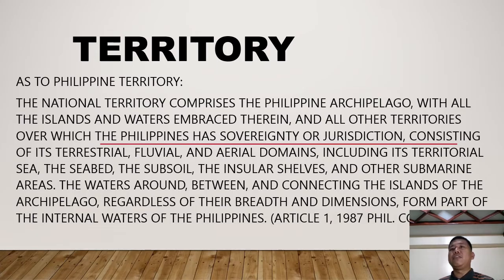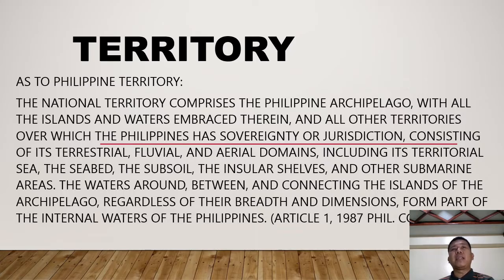1987 Philippine Constitution. Article 1 states that the national territory comprises the Philippine archipelago, with all the islands and waters embraced therein, and all other territories over which the Philippines has sovereignty or jurisdiction, consisting of its terrestrial, fluvial, and aerial domains, including its territorial sea, the seabed, the subsoil, the insular shelves, and other submarine areas.